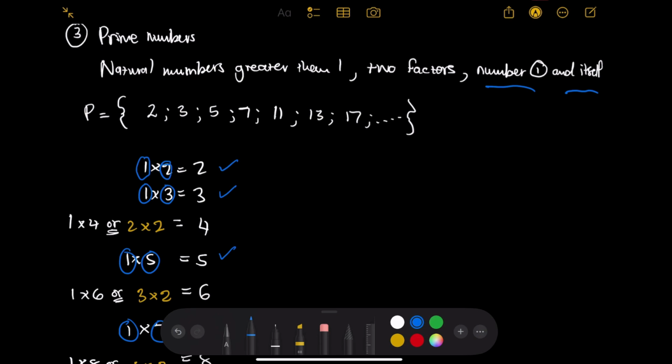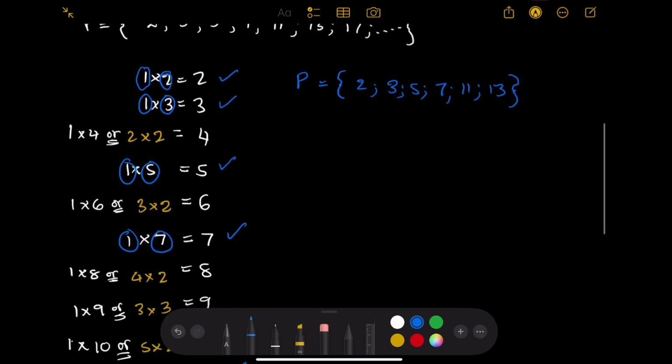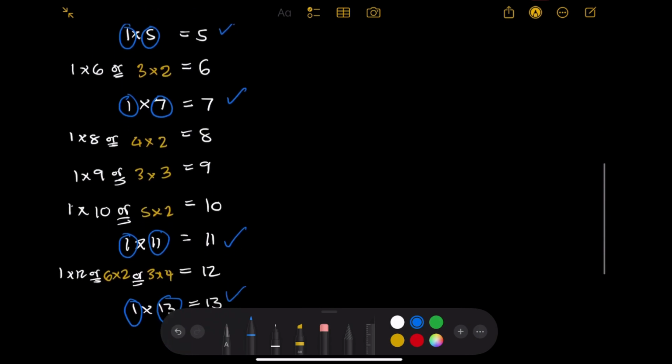So if someone had to ask you what are the first 6 prime numbers, then what would you do? You'd say, okay, the first 6 prime numbers would be 2, 3, 5, 7, 11, and 13.